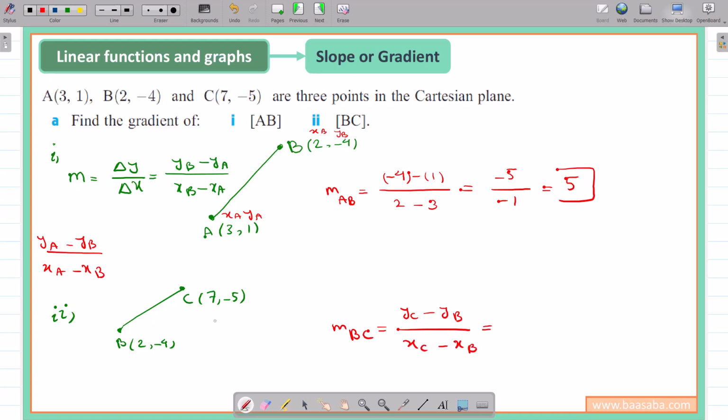Based on the coordinates of the points, the numerator is -5 minus -4, and on the denominator, we have 7 minus 2. Negative to negative is positive, so -5 plus 4 is -1. 7 minus 2 is 5. This is the gradient or slope of line BC, which is -1 over 5.